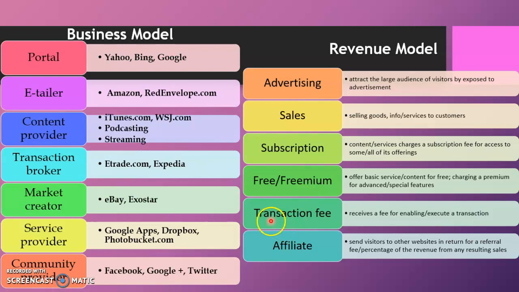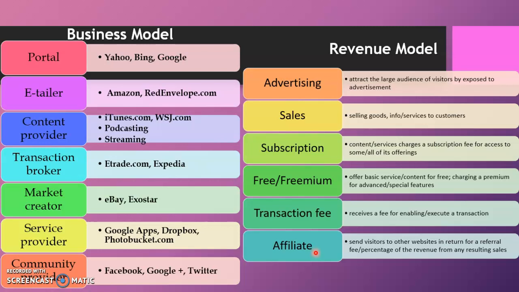And then we have the transaction fee. You can receive a fee for enabling the transaction. And the last one is affiliate, which is a referral fee. You recognize another website, maybe your business partner. For example, KFC and Pizza Hut are business partners, so they affiliate with each other.